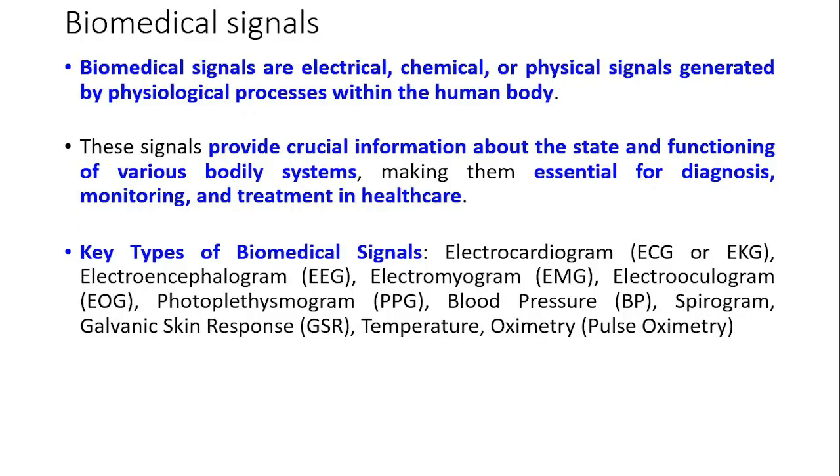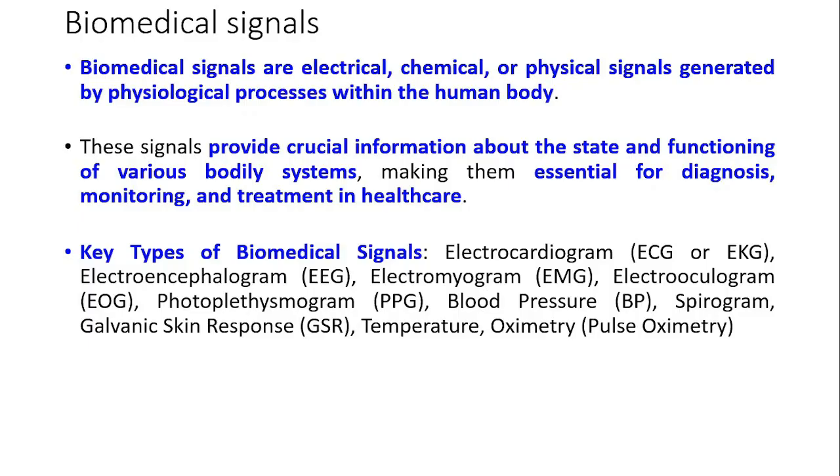We are not dealing with any signals from biological systems; here we are defining that the signals should be from mammalian systems. It may be cat, it may be cow, it may be human. In our case, we will be concentrating on human physiology.